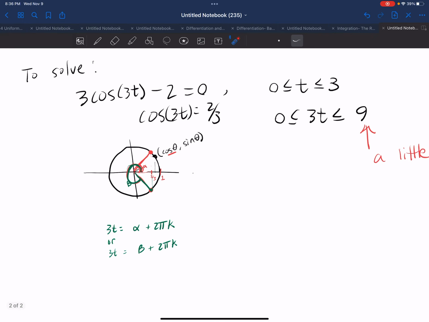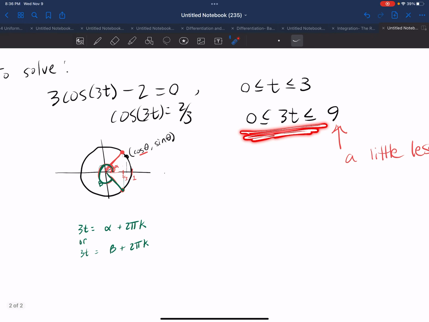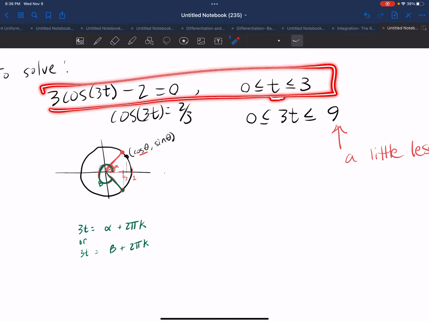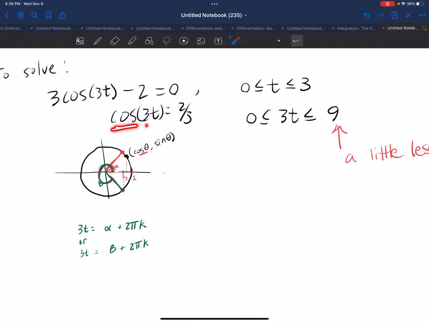Now I go back to my restriction to tell me how many of these values I can have. The original equation said that t is supposed to be in between 0 and 3. I'm looking at cosine of 3t, and the argument can be anywhere between 0 and 9. If t is in between 0 and 3, then 3t has to be in between 0 and 9.